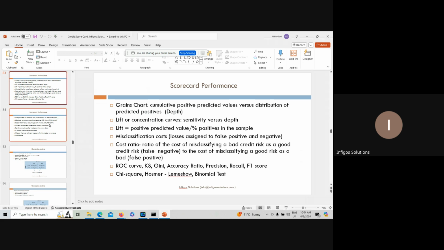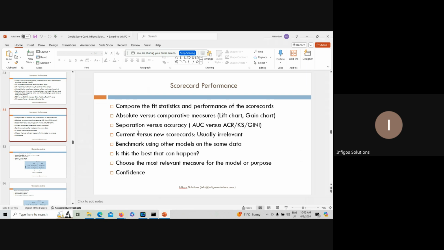So talk about lift. When you do the scorecard performance analysis, we talk about accuracy versus AUC. We talked about KS, Gini, etc. Because the idea is you want an optimal model. At the same point of time, you want to make profit.